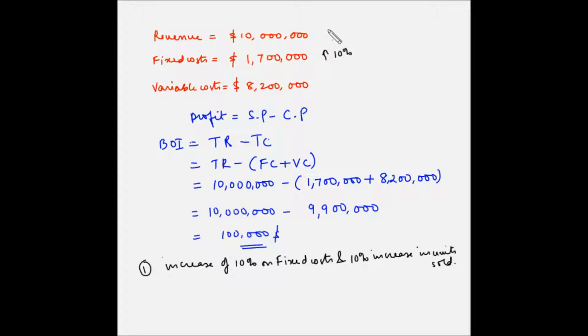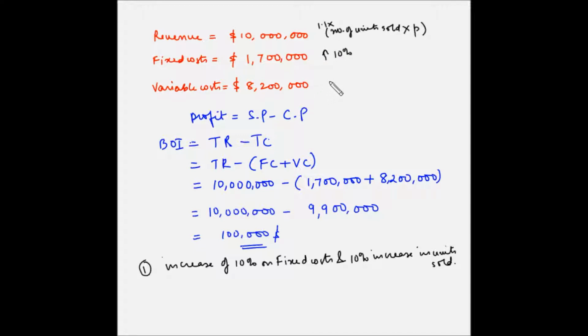Now we know that revenue is nothing but the number of units sold multiplied by the unit selling price. So this number of units sold is now increasing by 10%. So we have to multiply this by 1.1. So basically the overall revenue increases by 10%.